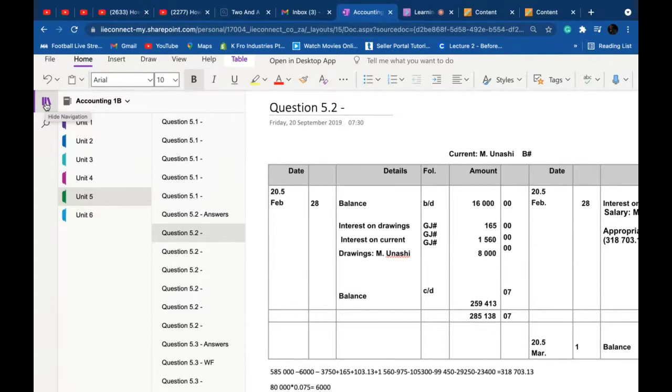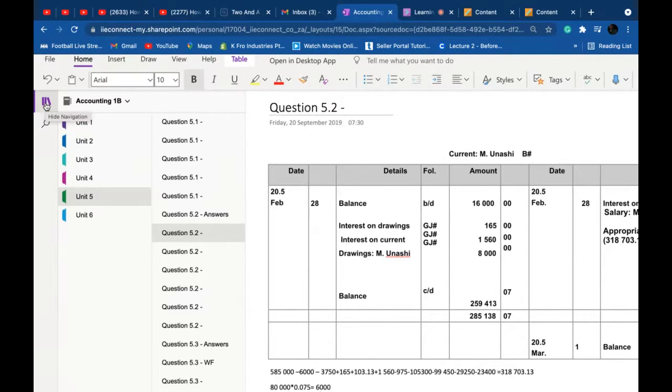Remember, we have the statement of changes in equity. We have the statement of financial position as well. That also gets affected. Remember, our focus here is only these equity accounts. That's why we're not bothered with other things, like your profit and loss.